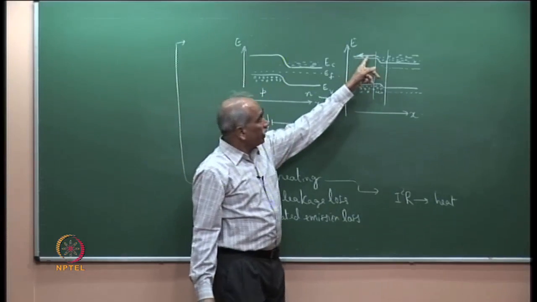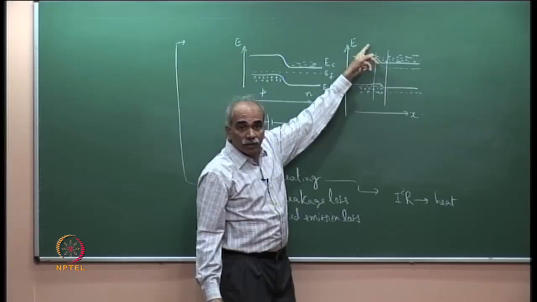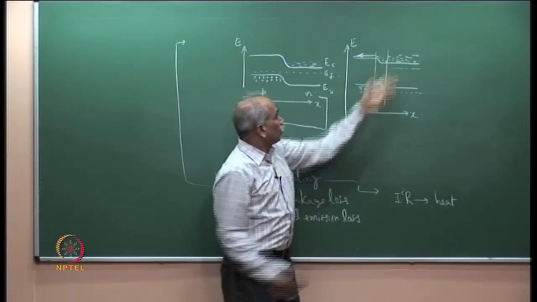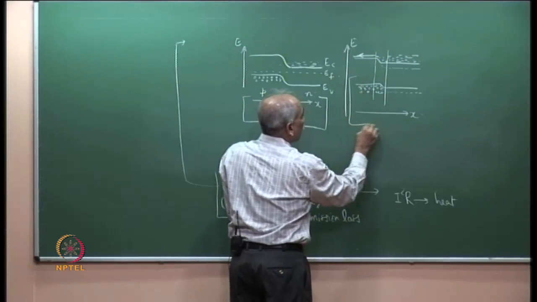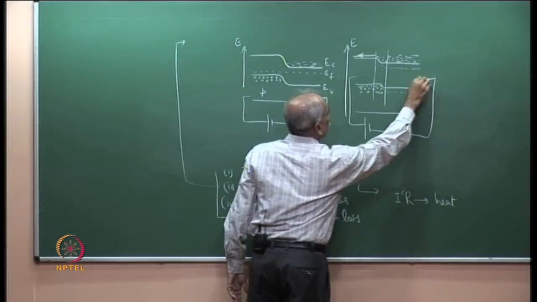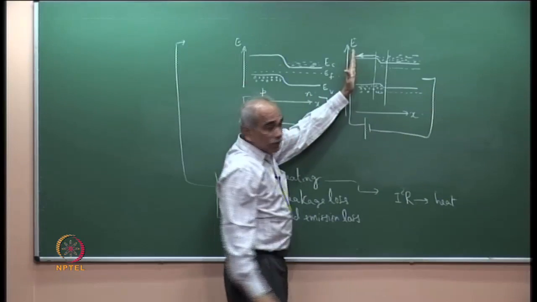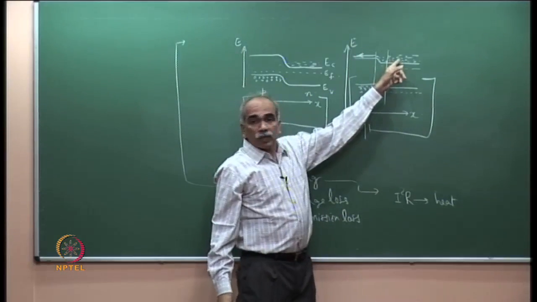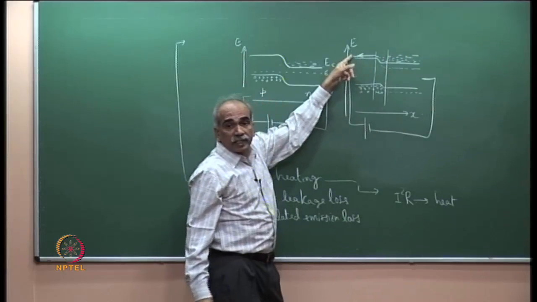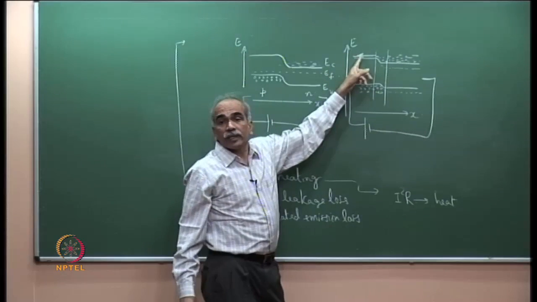There are plenty of vacant states and there is no barrier. Remember that at this end we have applied positive bias, so the electrons just get collected by the electrode at the other end.